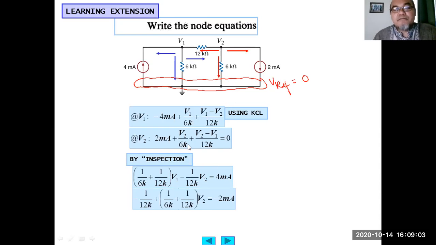The second equation becomes minus V1 over 12K, there is supposed to be V1 here, plus V2 multiplied by (1 over 6K plus 1 over 12K). So this is the node equation. From here you can solve using Gaussian elimination, substitution, etc., to obtain V1 and V2.